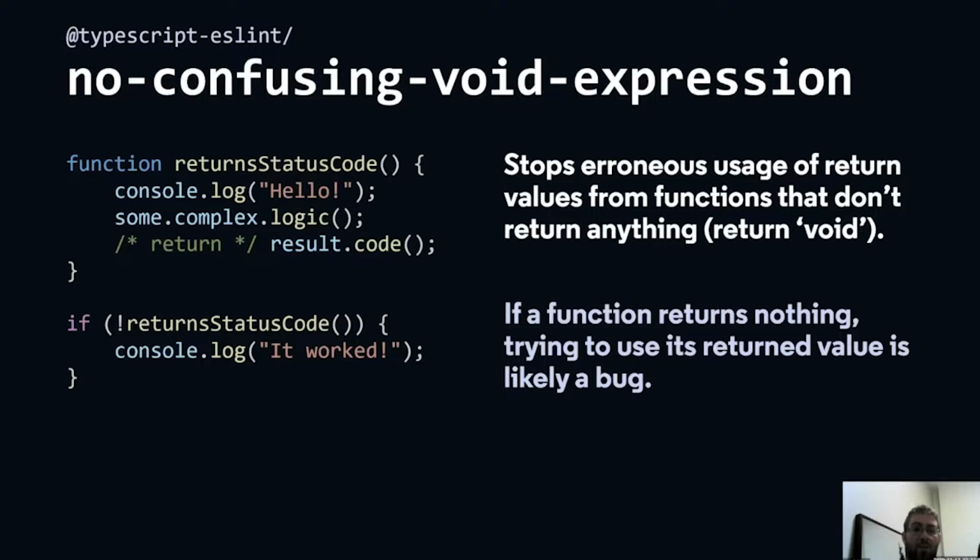So if you ever see an if console.log, might be a bug. Who knows? In this code, there's a potential bug here because someone's checking if not return status code, but return status code is missing a return at the end. So it's always going to return falsely undefined. So that's a potential bug that, again, only could be caught with TypeScript because we need to know what this function type is. What could it possibly return?